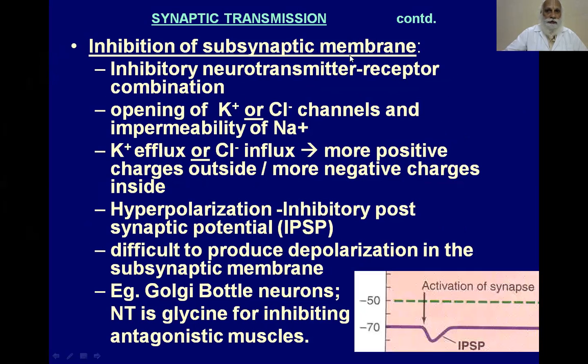Now inhibition of the subsynaptic membrane. Here, the combination of the inhibitory neurotransmitter with the receptor causes potassium channels or chloride channels to open, mostly potassium channels.